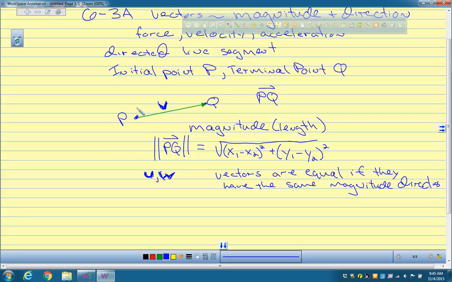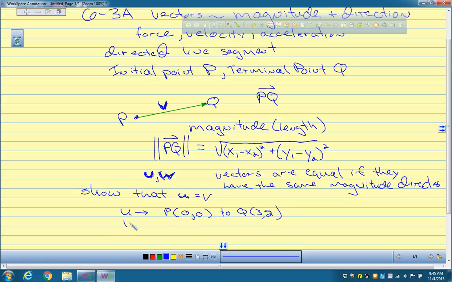Okay, so show that u equals v if u goes from initial point P, which is at 0, 0, to Q, which is at 3, 2.